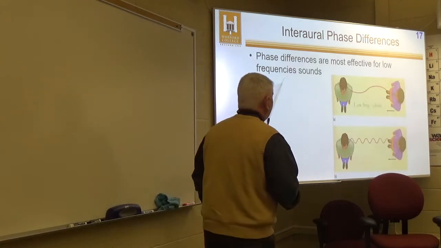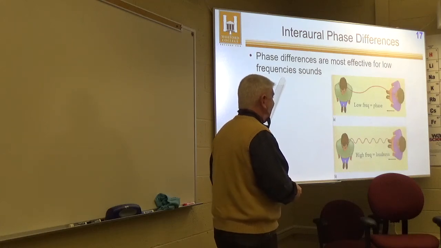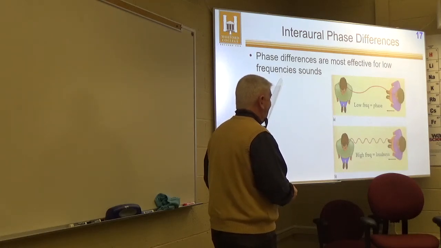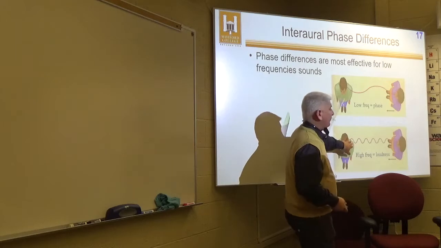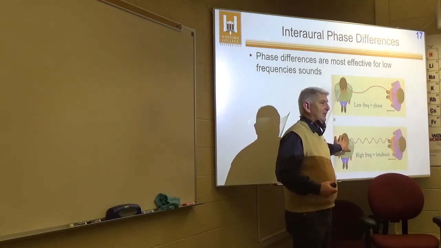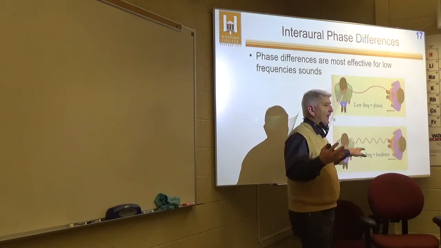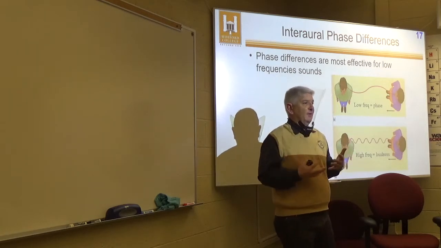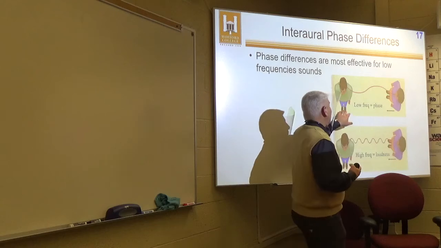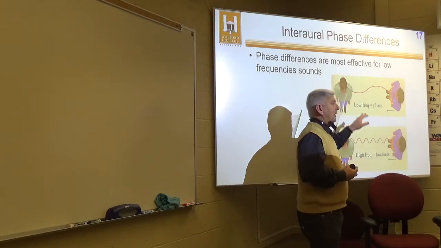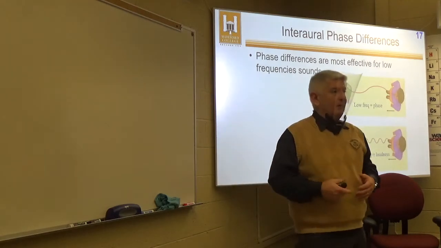And so this doesn't work for high frequency sounds, because if that wave can travel through a whole cycle before it gets to the other side of the head, then if it's in a different phase, it doesn't tell us anything, right? But for low frequency sounds, we're able to detect that.